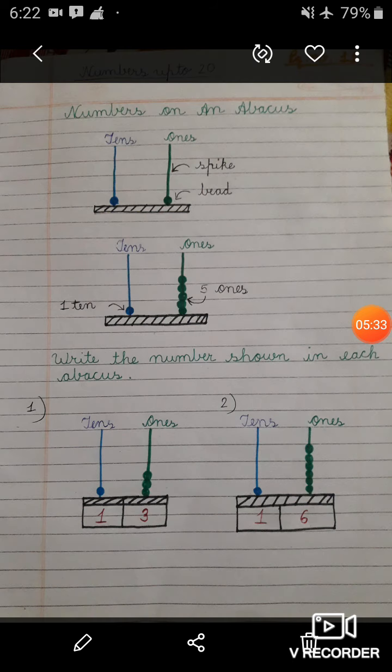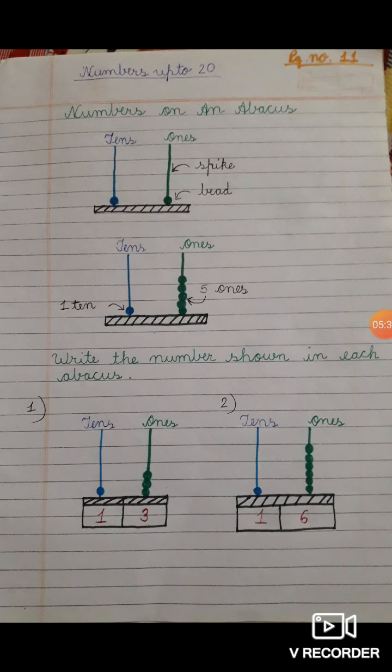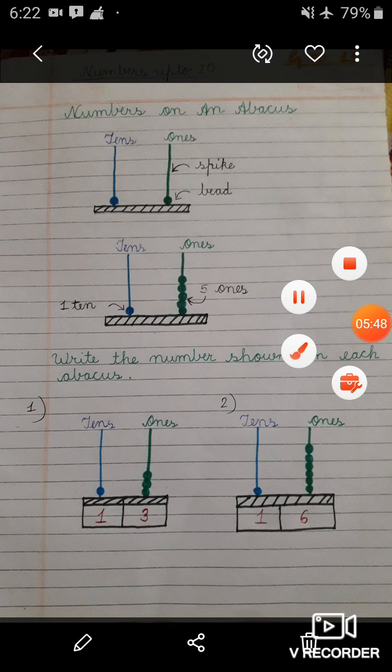Now let's move on to our next topic, that is numbers on an abacus. This topic is given at page number 11 in your textbook. So students, first of all, you should know what an abacus is and what the abacus shows.